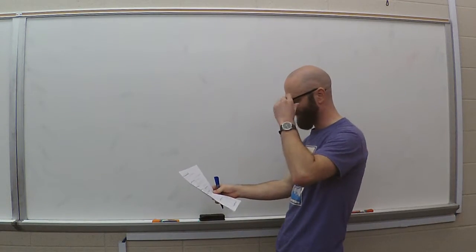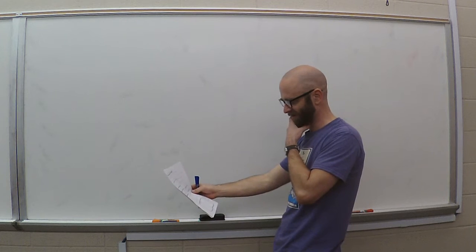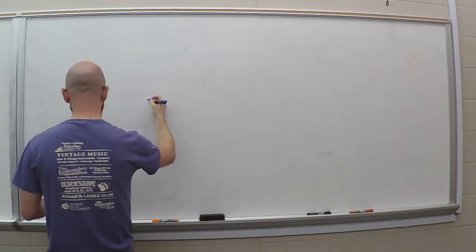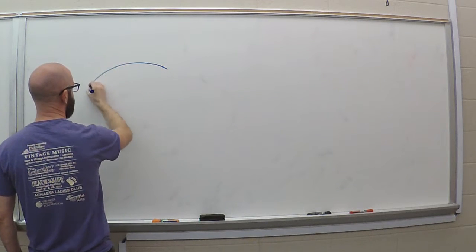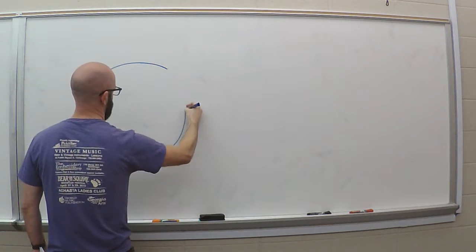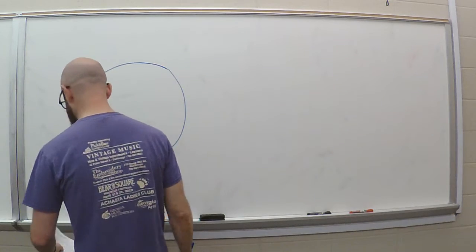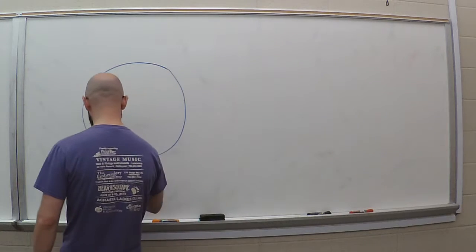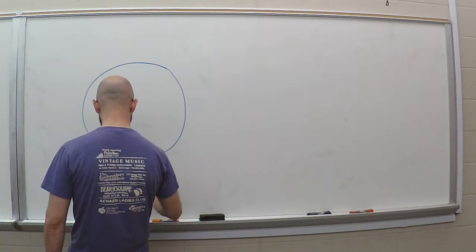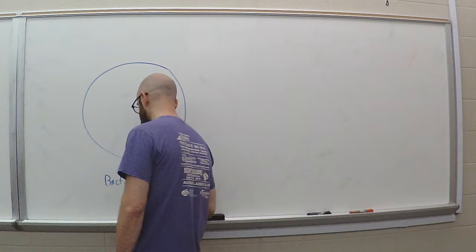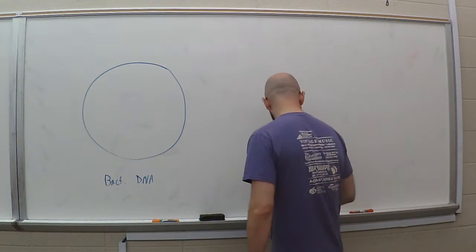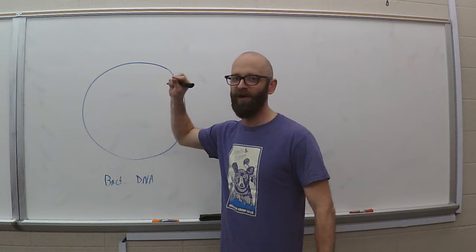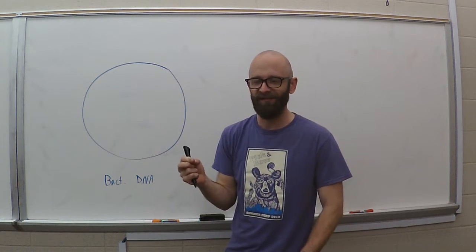Okay, so back to DNA replication. And again, we're talking about bacterial DNA. So we're talking about a circular strand of DNA. All right, so here's our bacterial DNA. And there's one point on this circular strand of DNA where replication begins.